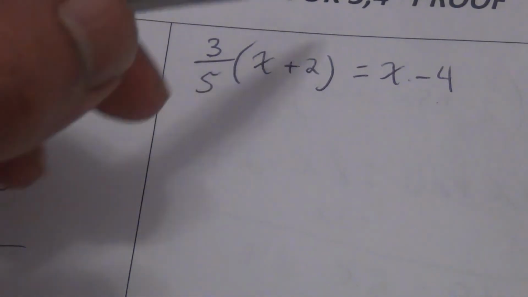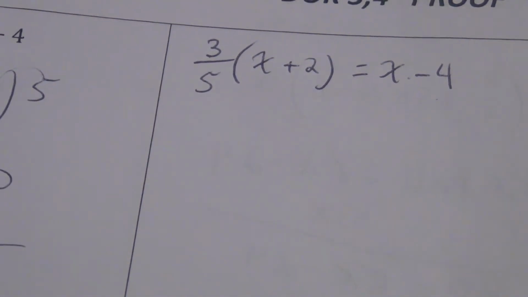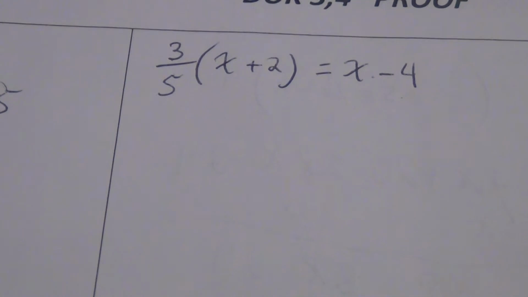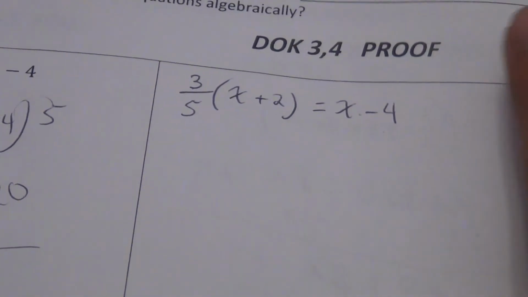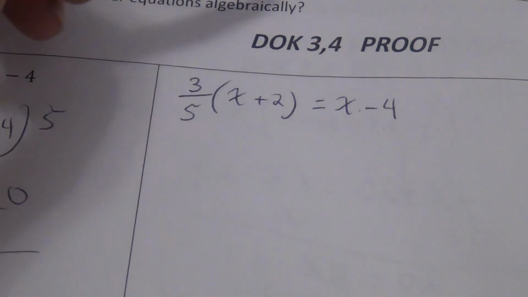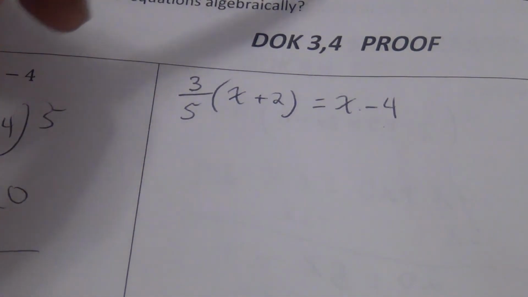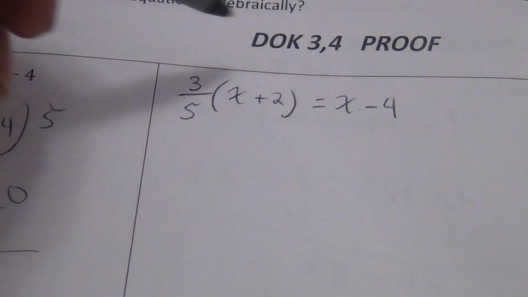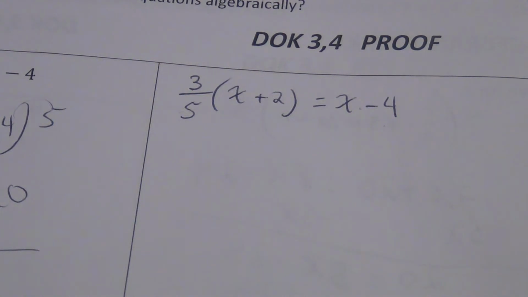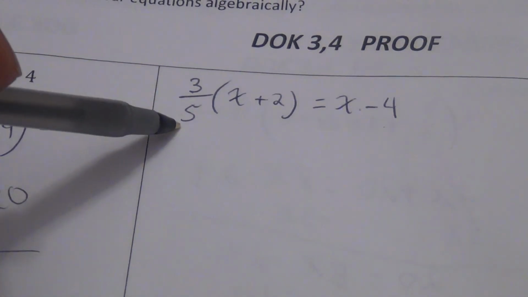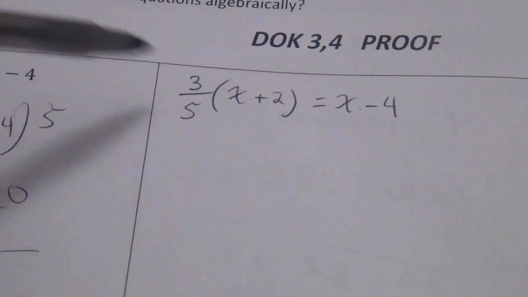So I want to try something. I'm not sure if this is gonna work, but if it does, then that will be a new trick to learn, right? I'm still gonna stick to my rules, but let's see now. So let's say instead of saying is there distributive property, I actually say are there any fractions, and I see that there is this fraction over here. This is multiplying all this.